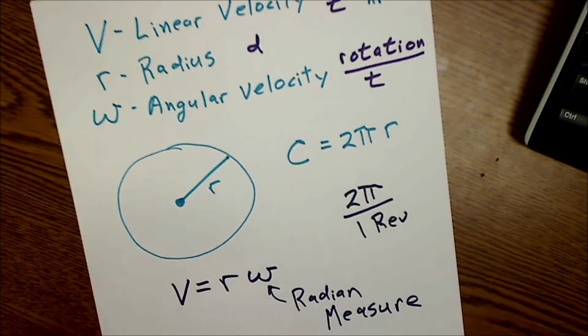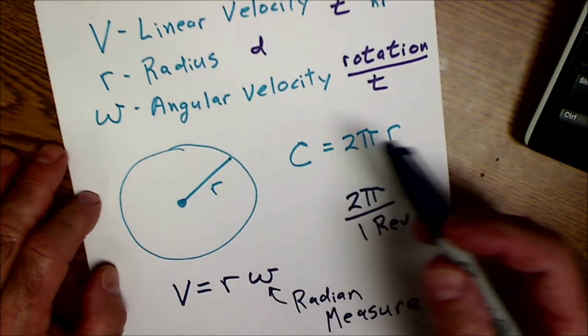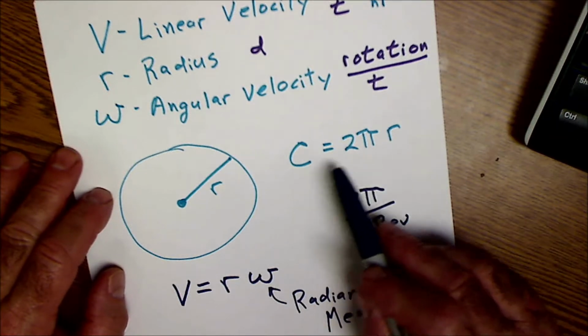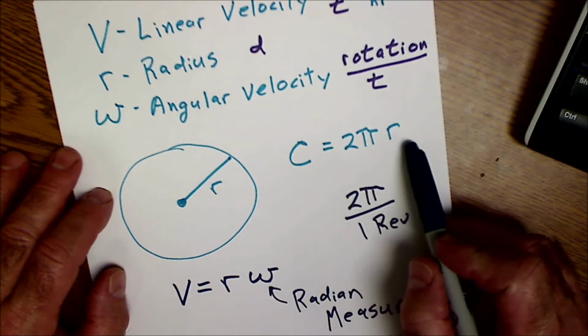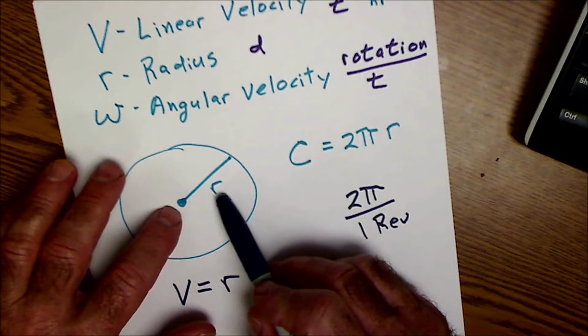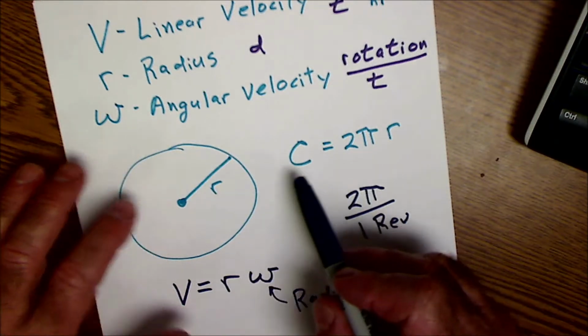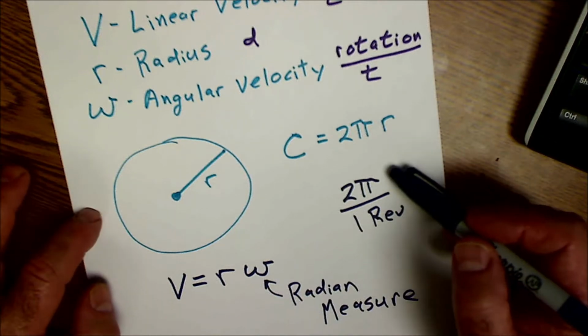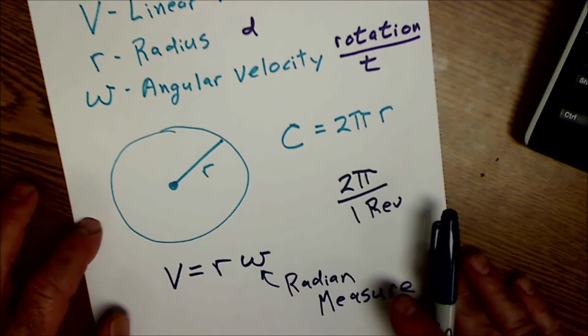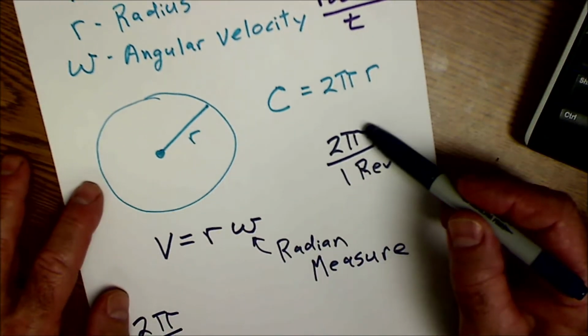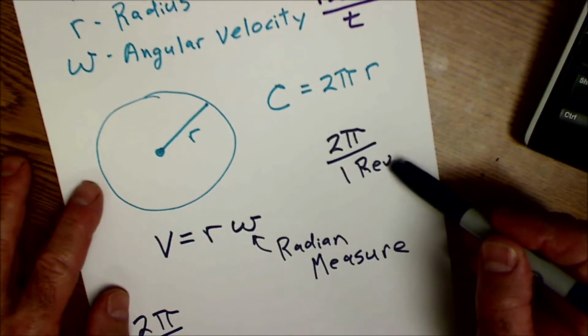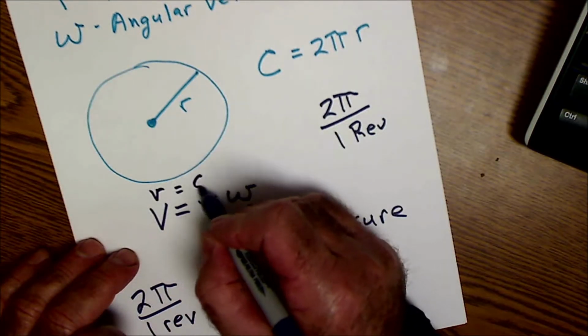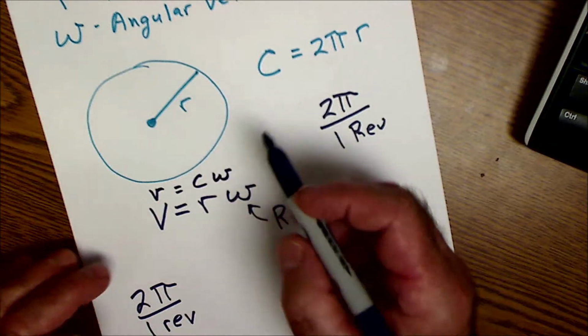If you have a circle like that, you know the radius is equal to r, and the circumference is 2 pi r. If it's a unit circle, the radius is equal to 1, so the circumference is equal to 2 pi. So that's why we're using this equation in trig: 2 pi and 1 revolution are going to be equal. Linear velocity would be circumference times angular velocity, right?